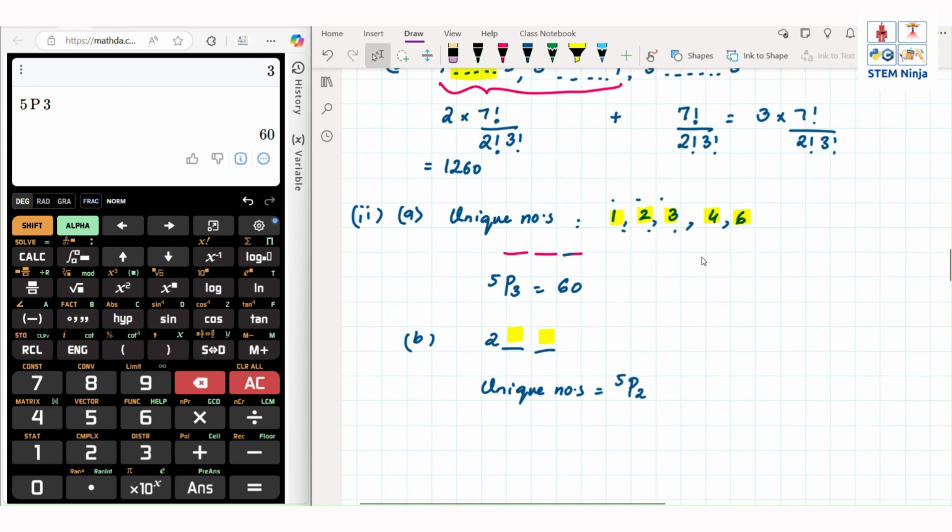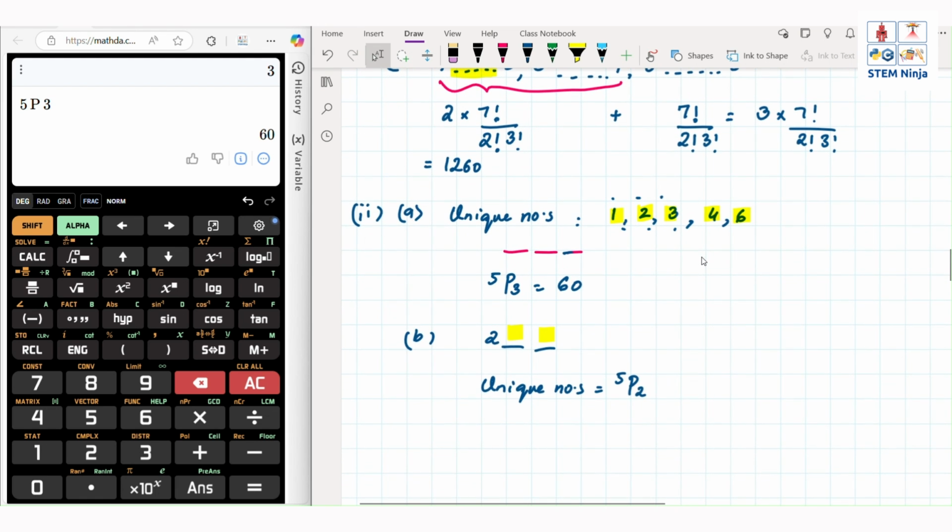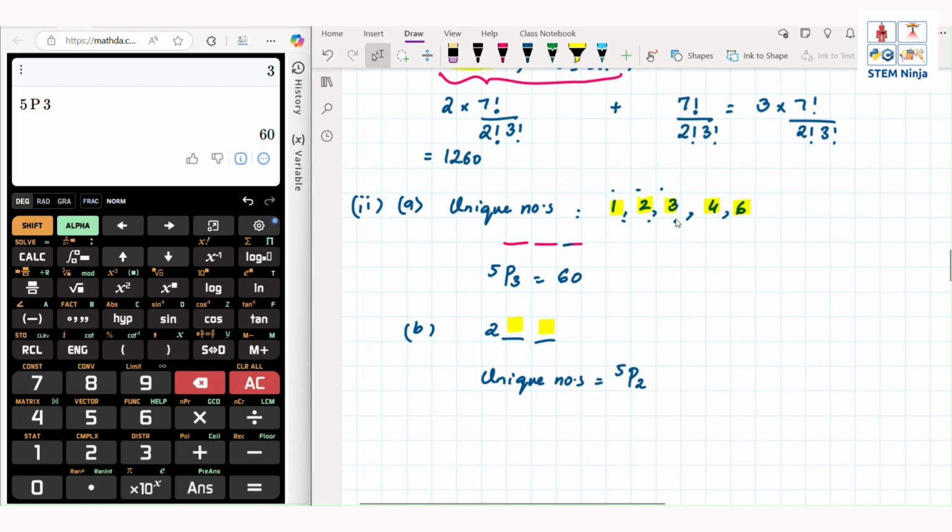However, since we have 2 3s, 3 6s, we could also have duplicate cases also. Like when you have 2 3s, whichever permutation they come in, that will be the same thing. So there is no unique identifier to this first 3 or the second 3. So both 3s are identical.